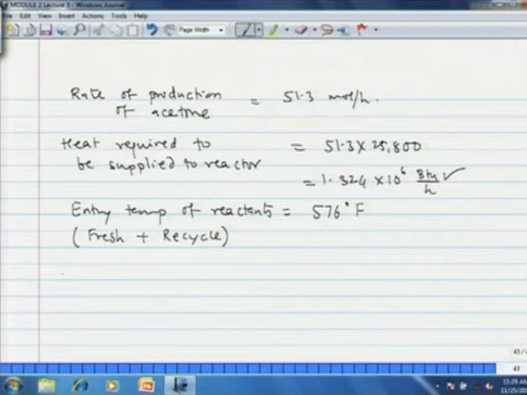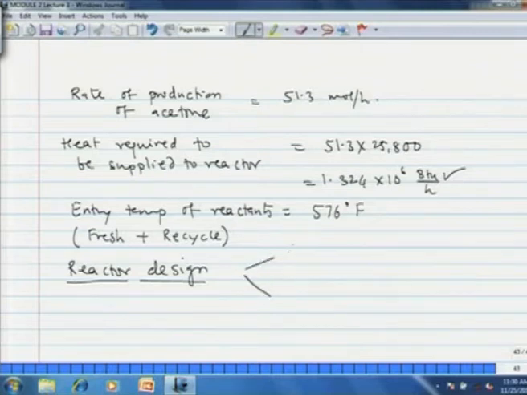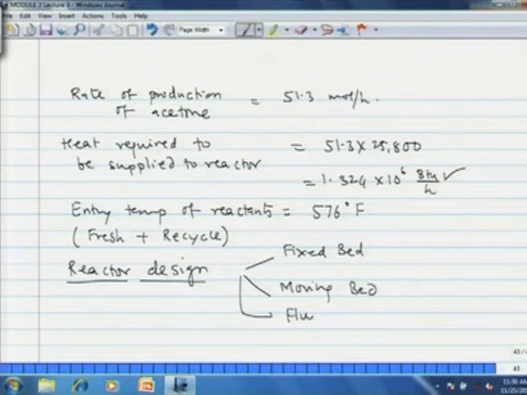How does the reactor heat load influence the reactor design? Okay. If the reaction is a catalytic reaction, then we have options of having a fixed bed reactor, a moving bed reactor, a fluidized bed reactor, and in fluidized bed there are modes of operation like bubbling fluidized bed or circulating fluidized bed.